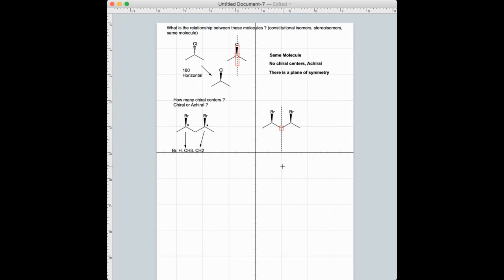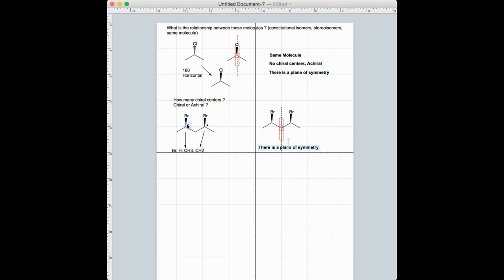So this plane here is dividing the molecule in the left side, which is clearly the reflection of the right side. So they are the same groups on left and right, and one is a reflection of the other side. So here is an example of a molecule in which there is a plane of symmetry.